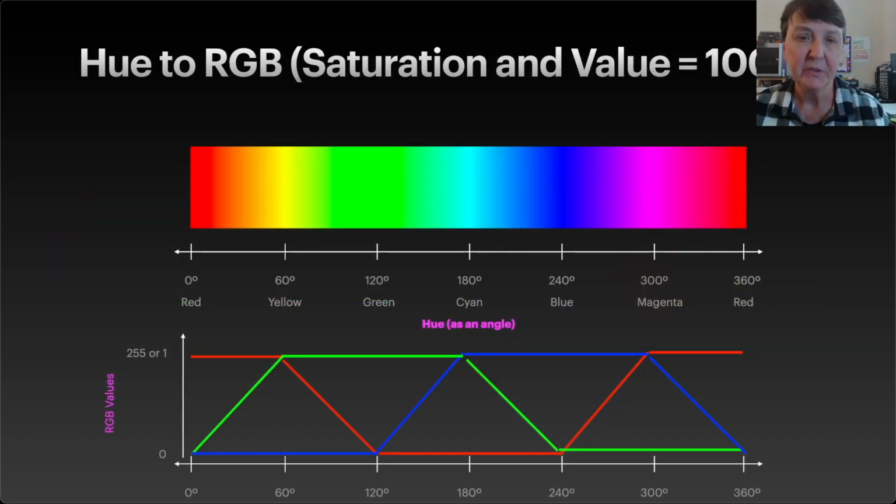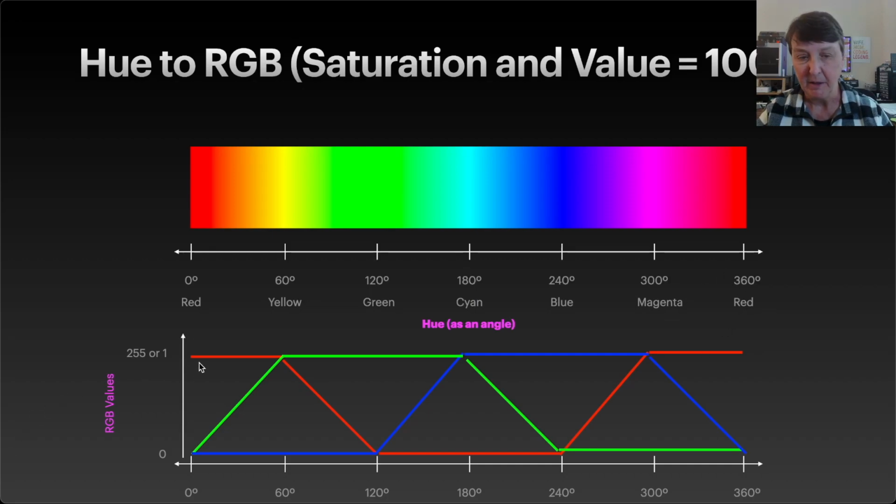So when saturation and value are 100%, there are never more than two colors on, and we're just looking at the bright pure color for each color along the color wheel. Here it is in the direction that I chose to go, where 60 degrees is yellow, and then we go to green and cyan, blue, magenta, and then back to red.